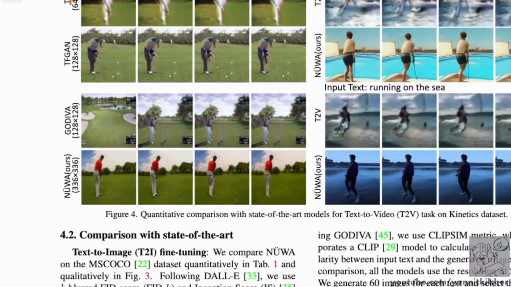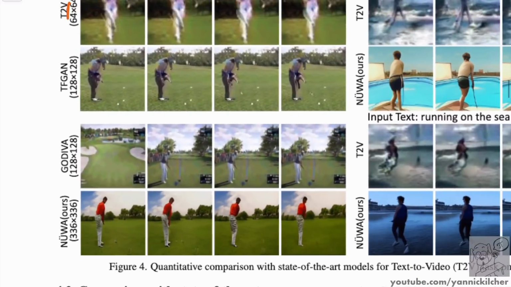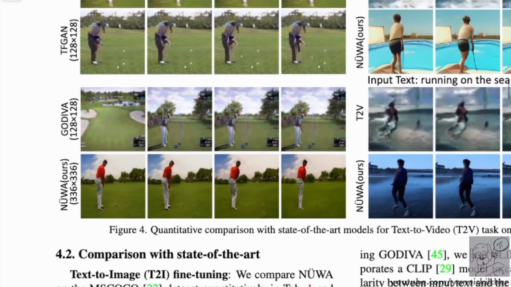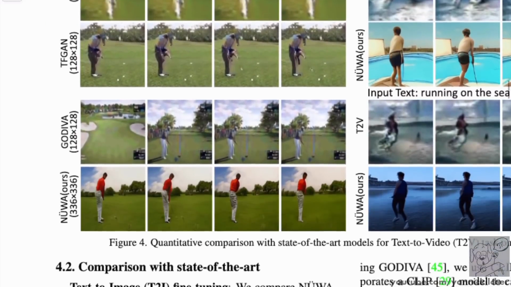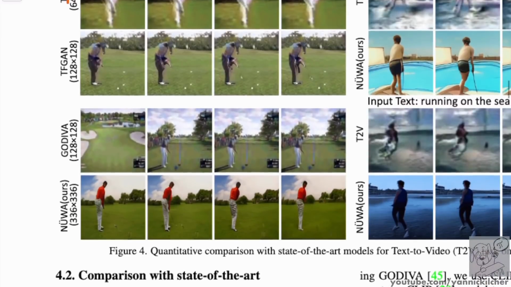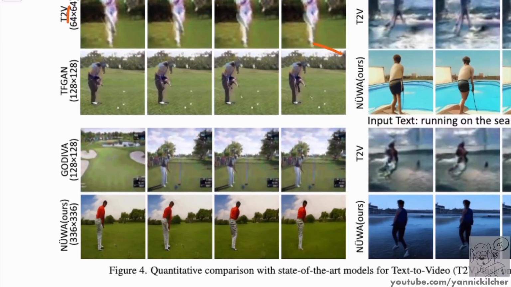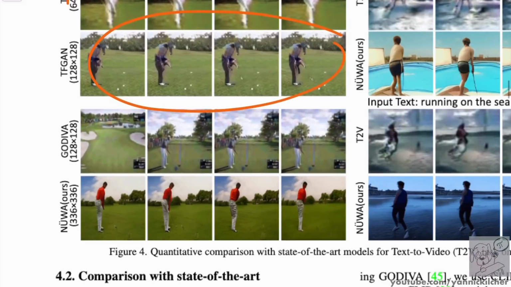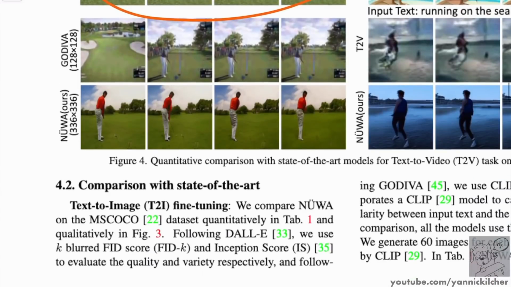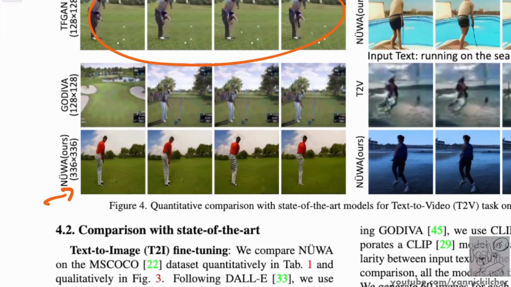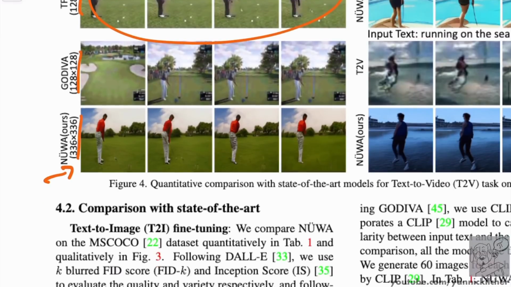But you can see that when baselines are available, they usually don't do so well either. In this case, I guess it's some kind of human-ish thing. But this looks fairly neat, and you can see the resolution is also bigger than the resolutions of the competitors.